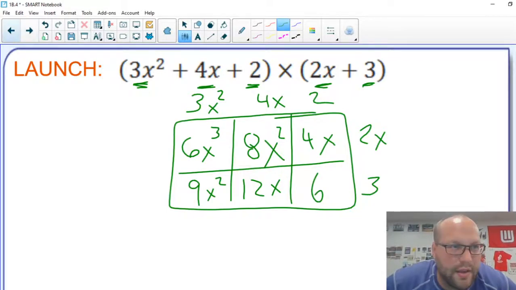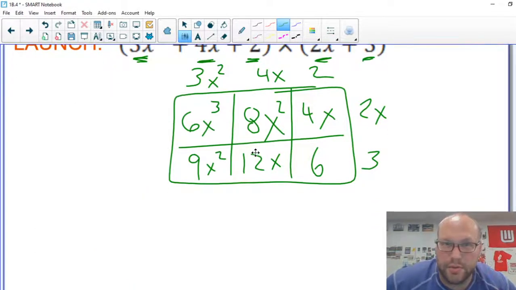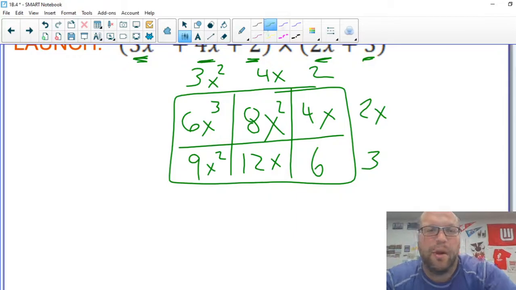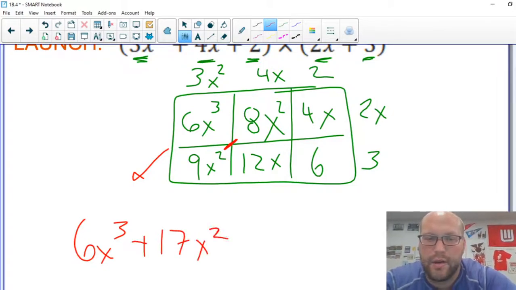Just like we did with numbers, with thousands, hundreds, tens, and ones, now we just have placeholders. We have like units. So I have my 6x cubed term. That's my only cubed term in this whole model. Then these two are like terms, so I have 17x squared.